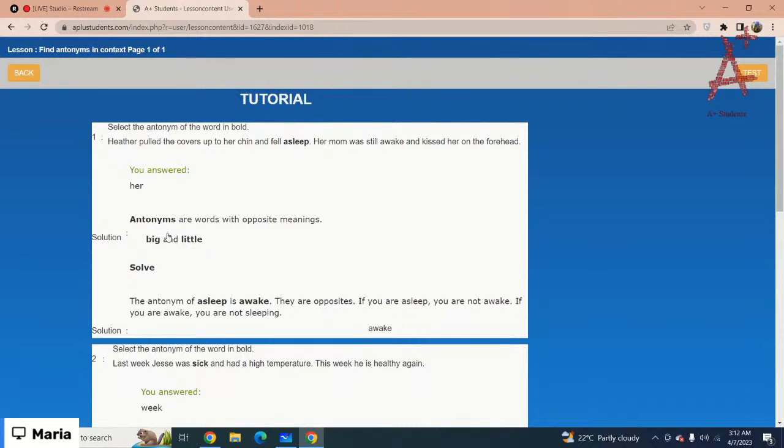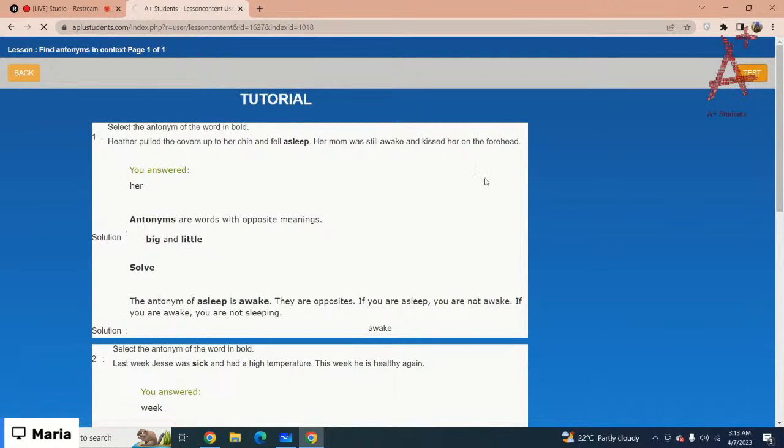Got it? Yes, asleep and awake is the antonym.